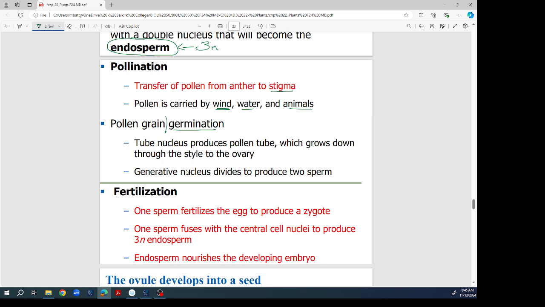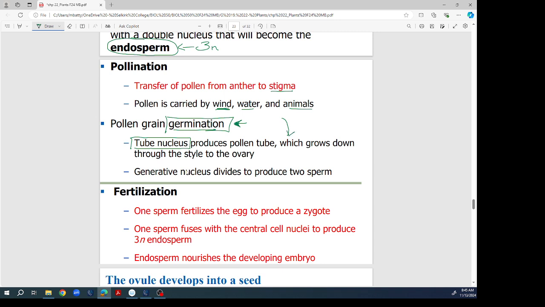And so we're not talking about the germination of a seed here. We're talking about germination of a pollen grain. So this is one of those words that gets used twice and can lead to some confusion, I think, about the reproductive cycle in angiosperms. So this mature pollen grain is going to have two cells. So it's going to have a tube nucleus, which is going to produce the pollen tube, which basically goes down towards the ovule.